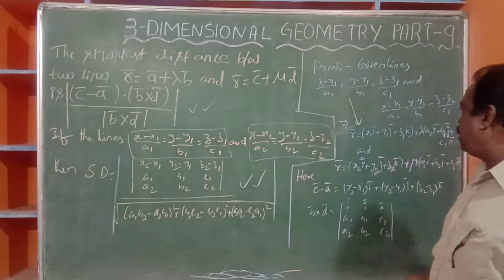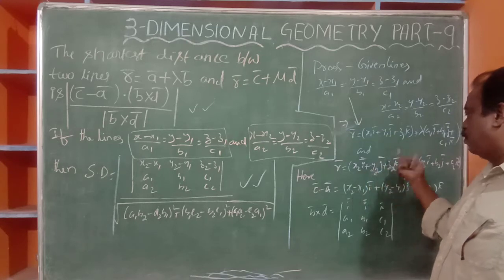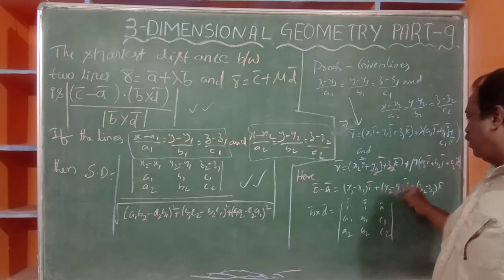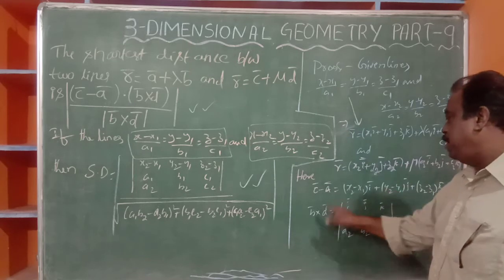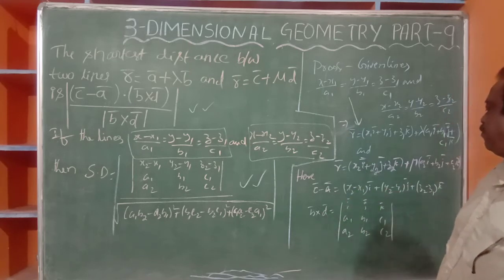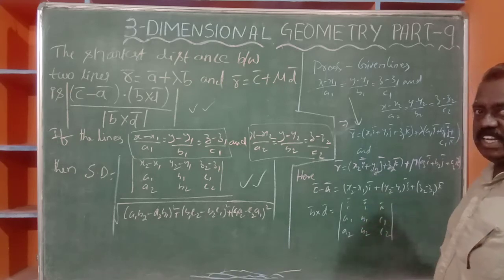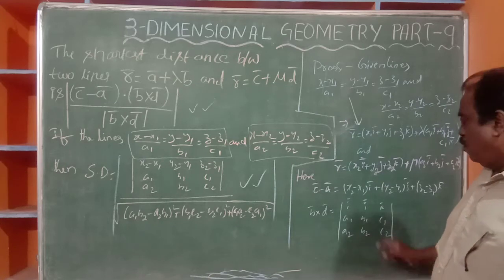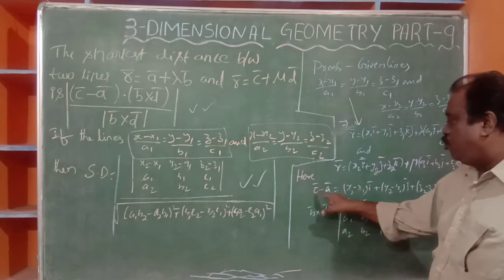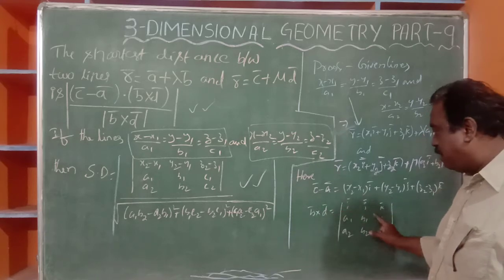c bar minus a bar means, this is the point x1, y1, z1 and this is x2, y2, z2, so x2 minus x1, y2 minus y1, z2 minus z1. b bar cross d bar is nothing but the determinant with i, j, k, a1, b1, c1, a2, b2, c2. Everything is the concept of vectors. c bar minus a bar is a vector and b bar cross d bar is again a vector.